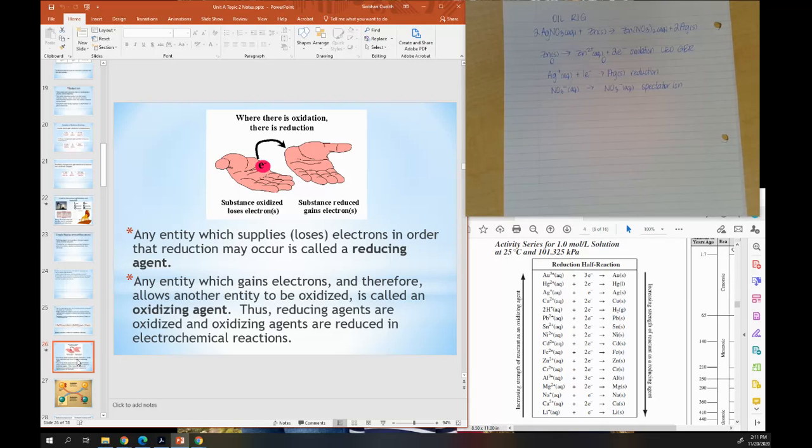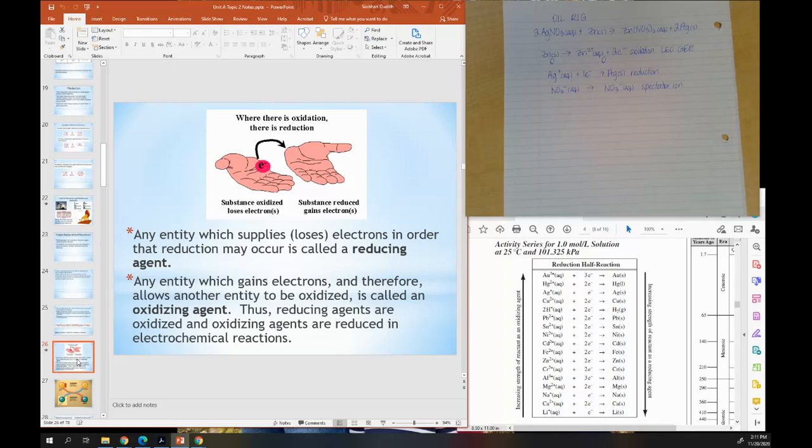So any entity that supplies, and by supplying, that means they have to lose electrons so that reduction can occur is called a reducing agent. So in this case, the zinc is the reducing agent because it lost an electron. In this case, it actually lost two, but it lost electrons so that the silver was able to gain electrons.